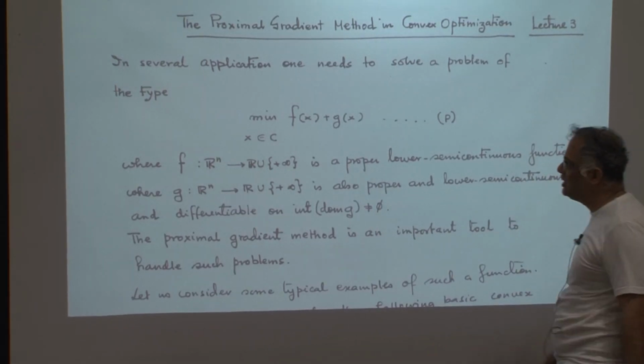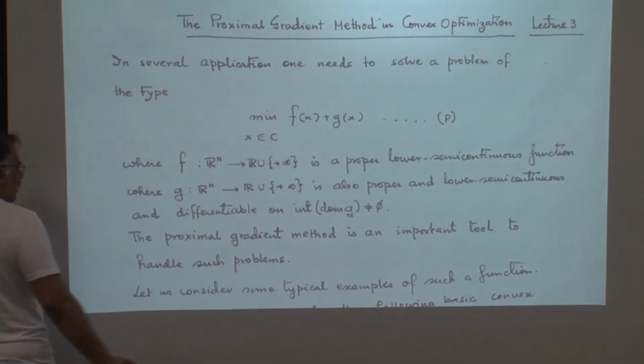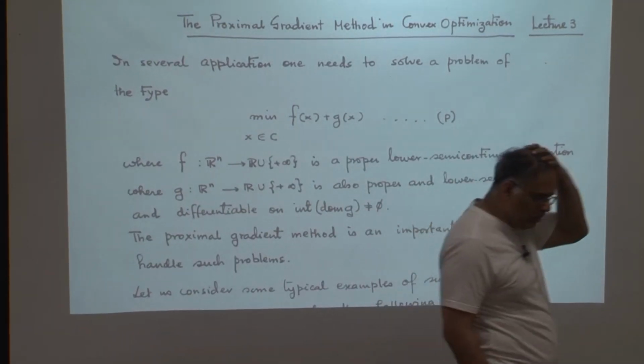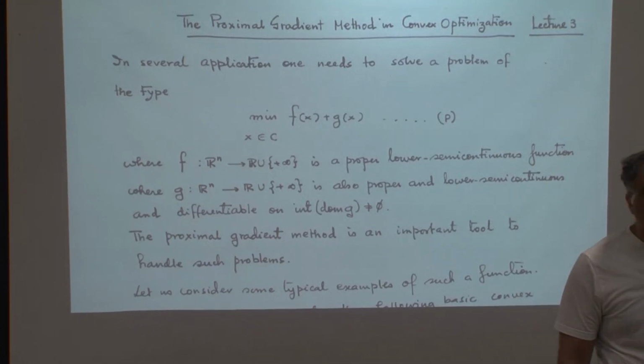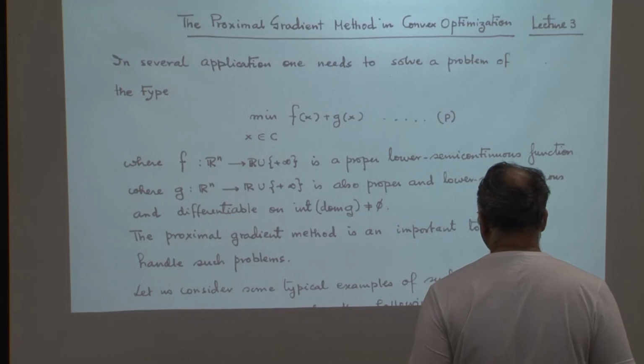Of course, they must have the same domain, you can just say it is on Rn, it does not matter. These sort of problems were first realized to be important in signal processing. So, they were very important.